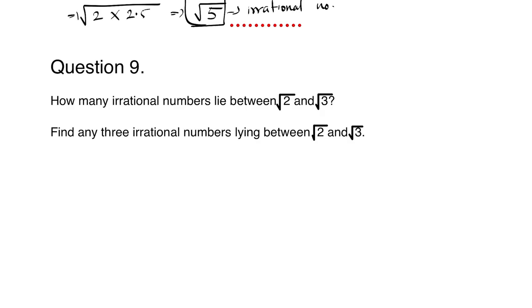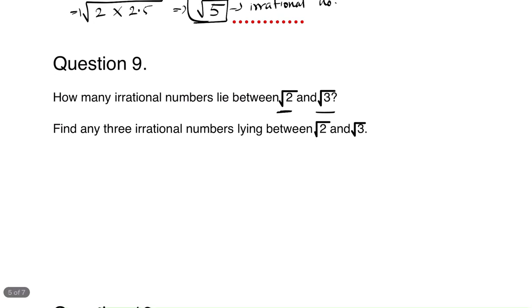So we have already learned that many numbers can be inserted between two rational numbers. So the same will be applied to irrational numbers. So infinite numbers can be written between root 2 and root 3.